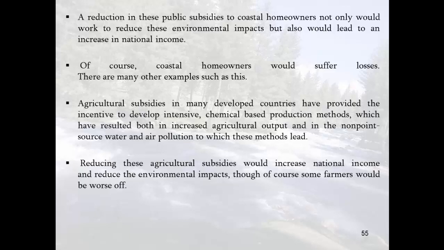These high subsidies enable the farmers to use chemical-based production methods, which lead to environmental degradation. Reducing agriculture subsidies would increase the national income and reduce the environmental impacts, though of course some farmers will be worse off.